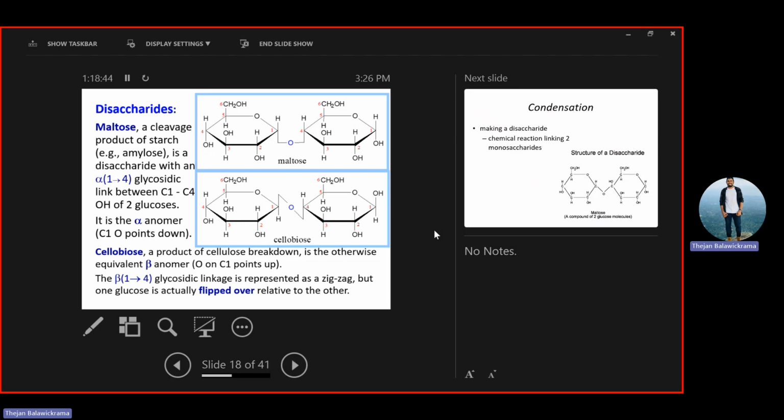Yeah, you clearly see it is straight away connected. And this one, the angle is connected. It's the way that it is reacting. Right. Yeah, so this is how basically a disaccharide is formed. So this is maltose.